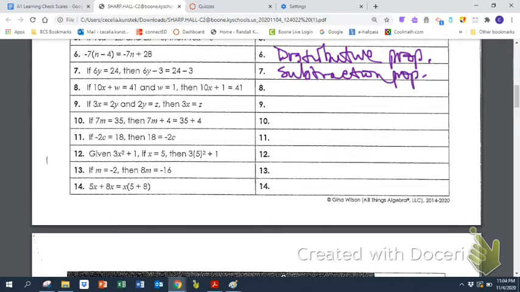Number 8 was substitution, because you are substituting that w is equal to 1. You're substituting to the w. So that's your substitution. Number 9 is transitive, because you're transferring the 3x to the z.